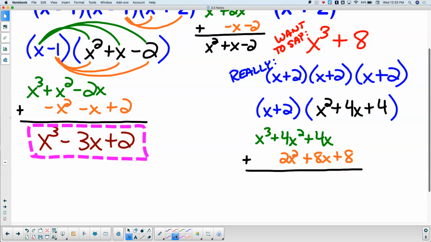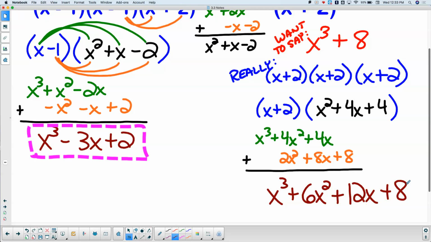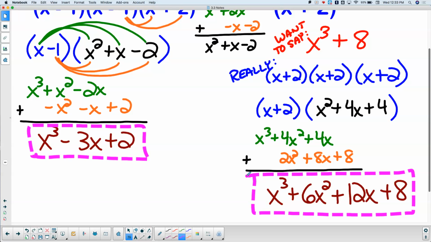And so when it's all said and done, you get x cubed plus 6x squared plus 12x plus 8, which is a lot different than what you wanted it to be. What it actually is, you've got to do work. Okay?